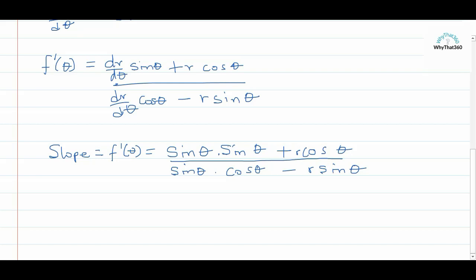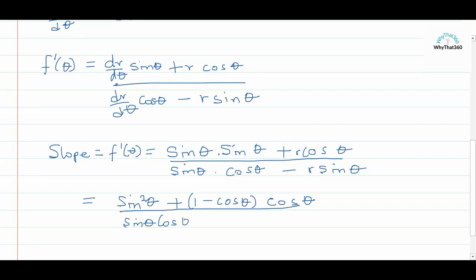So the slope will be equal to sine theta multiplied by sine theta, which gives us sine squared theta, plus r, which we know was equal to 1 minus cos theta, multiplied by cos theta, all divided by sine theta multiplied by cos theta, which is sine theta cos theta, minus r, which is 1 minus cos theta, multiplied by sine theta.